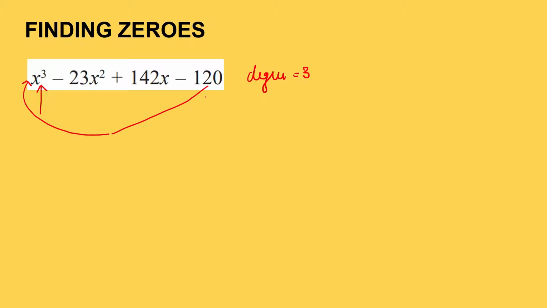Degree coefficient और constant को आप multiply करो, find the product. उसके जितने भी factors होंगे, here 120 is the product, so इसके जितने भी factors possible हैं, all are possible roots of this polynomial.